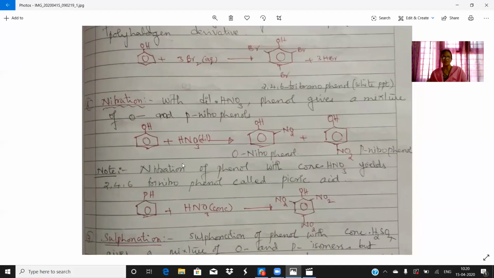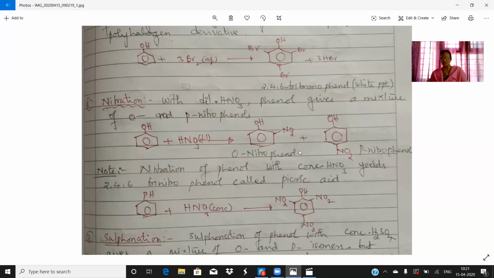The next reaction is known as nitration reaction, where phenol is treated with dilute HNO3, and a mixture of ortho and para nitrophenols is obtained. Because the OH group is an ortho para directing group, we get a mixture of both. So phenol, when combined with dilute HNO3, gives ortho nitrophenol and para nitrophenol.